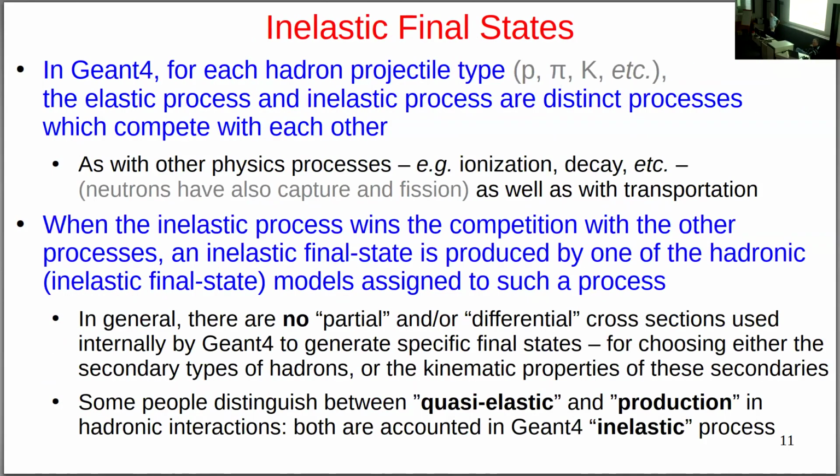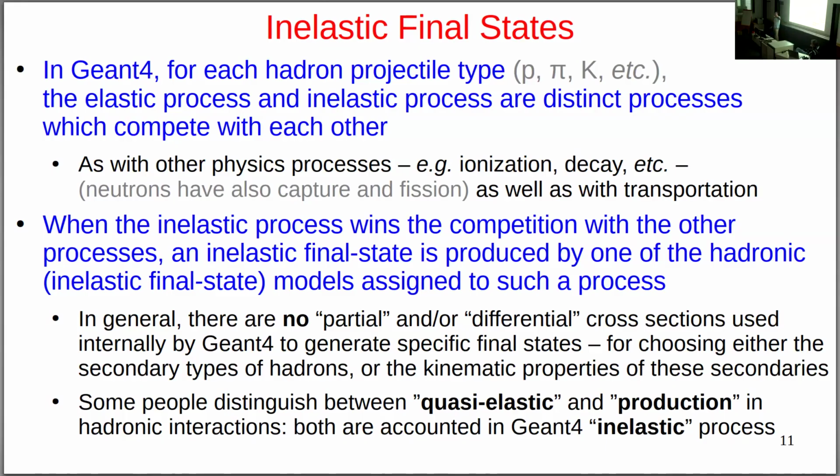Yes, so regarding the inelastic final state, I said that there is competition between the elastic process and the inelastic one. Of course, there is competition at the same time also with non-hadronic processes, like ionization, for instance, for a charged particle, or decay, if it's an unstable particle. And again, in a Monte Carlo, it means that we are drawing a random number and we choose which of these processes randomly according to the cross-section.